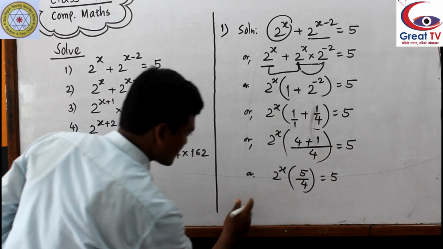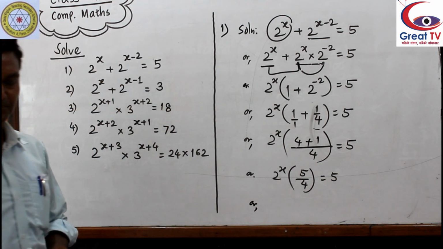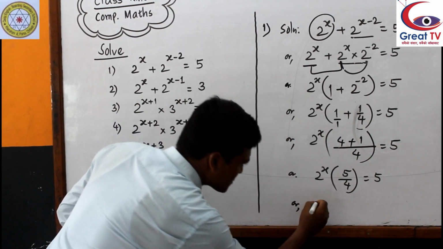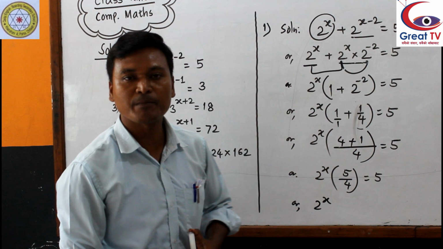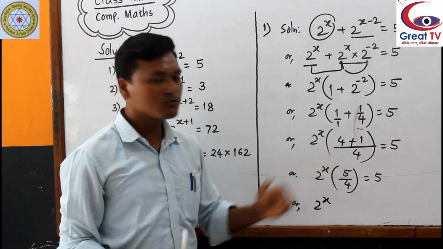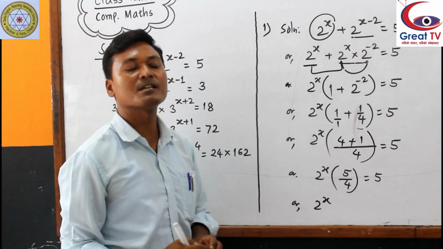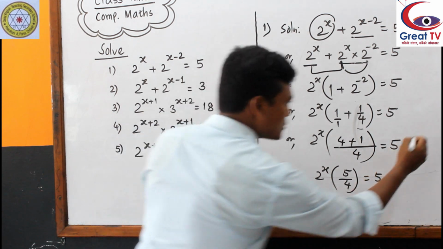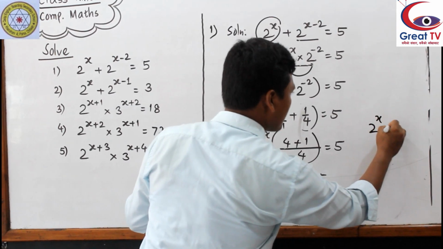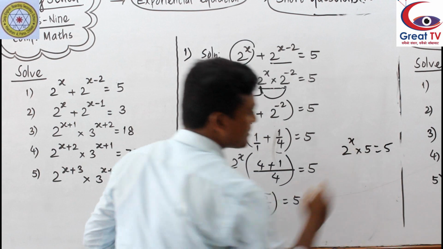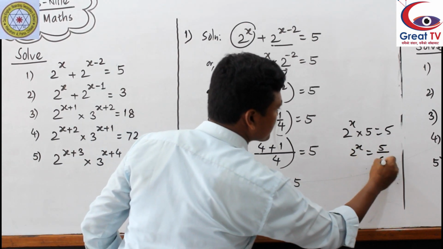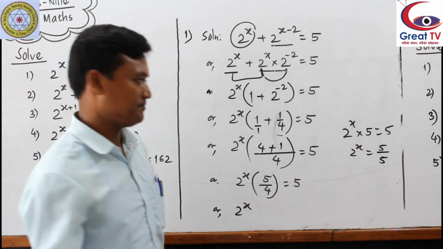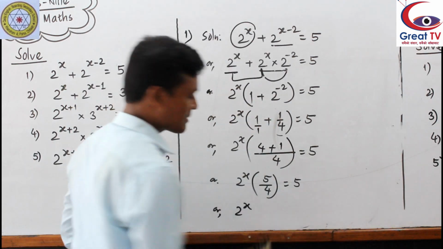Then after this, where is 2 to the power x? If you have a whole number, you can simplify and solve easily. But here is a fraction number. Be careful. 2 to the power x. You know that 2 to the power x times 5 equals to 5, you can solve it easily: 2 to the power x equals to 5 by this 5. This concept you know. But here we have a fractional number.